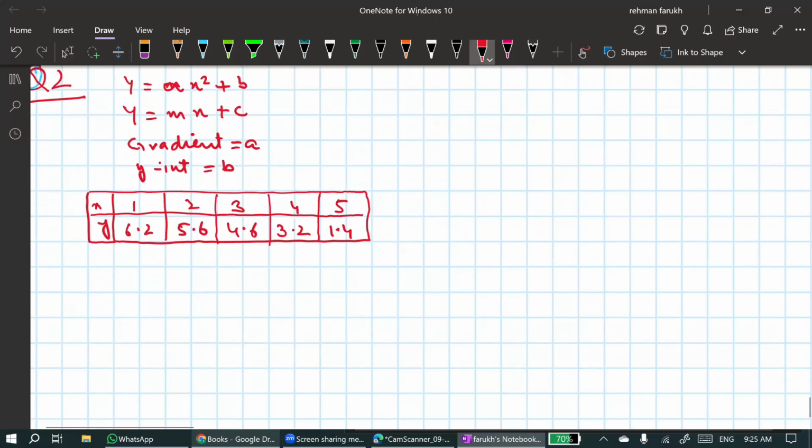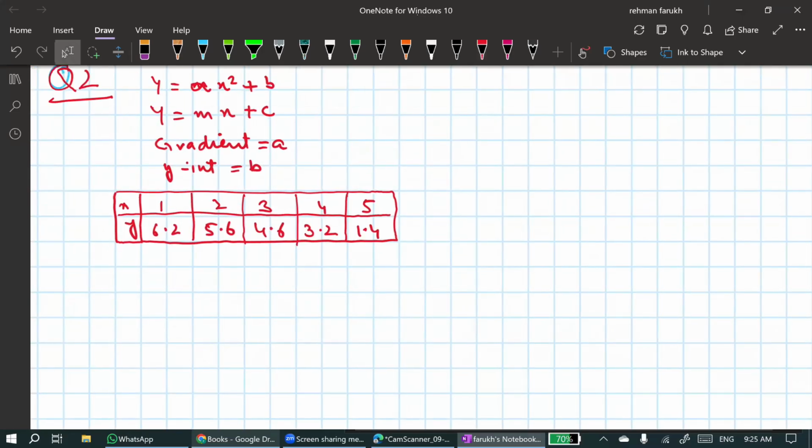To draw a straight line for y is equal to ax square plus b, we should have the values of y and x square. We have the column for y. We will draw a new column for x square. So x square is 1, 4, 9, 16, and 25.